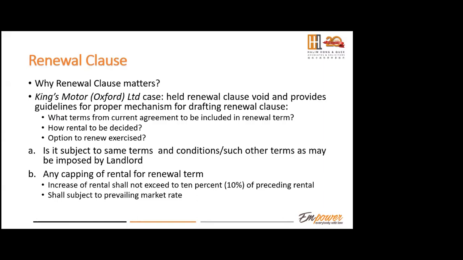The maximum the landlord can increase may be 10% of the preceding rental, or it shall be subject to prevailing market rates. So you need to know, so that you can anticipate how much the increase will be for your next term.